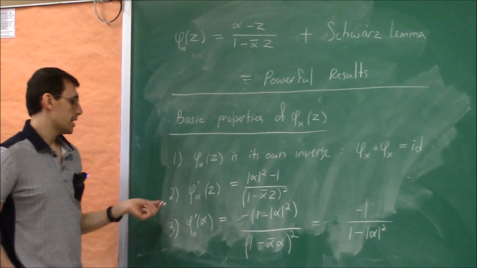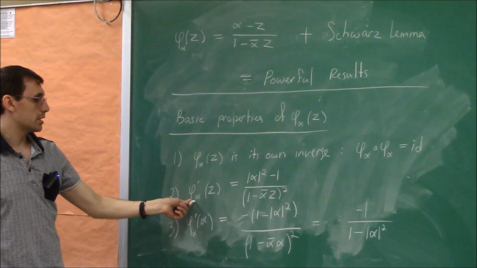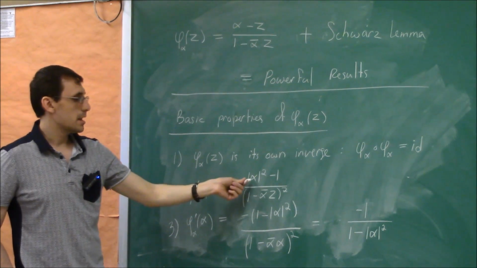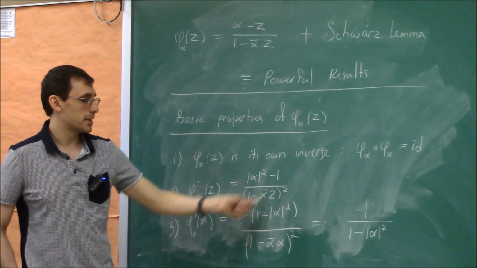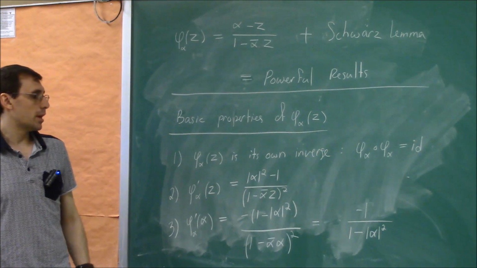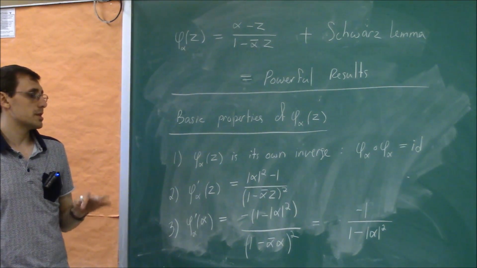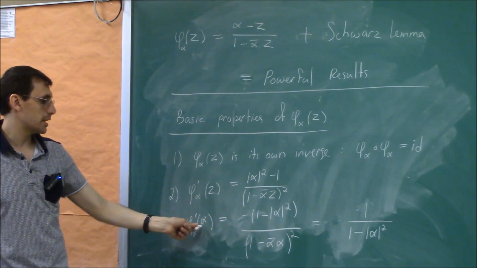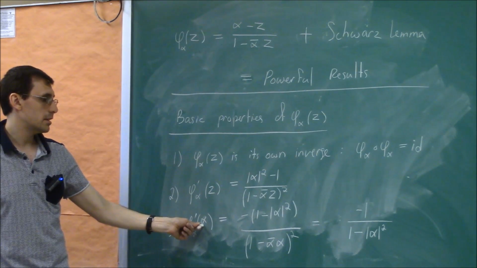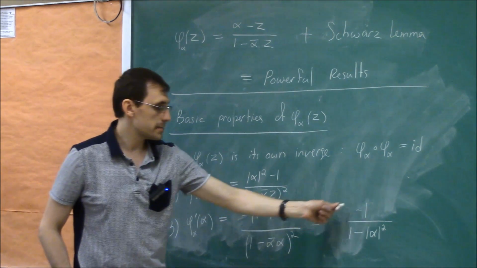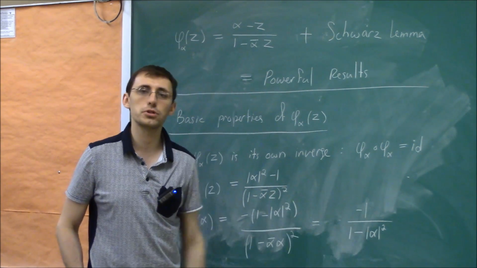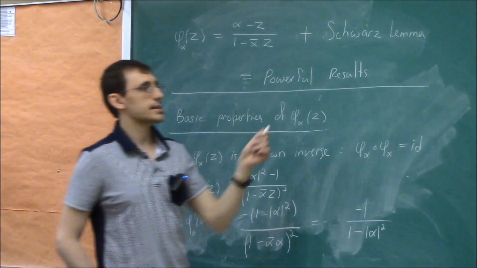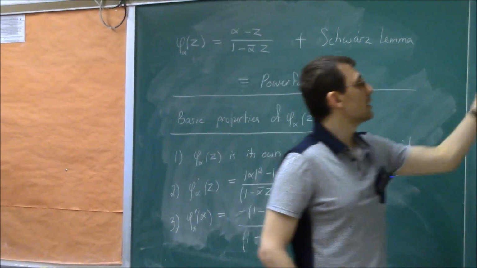Easy to verify. Second property is that the derivative of this function is modulus alpha squared minus 1 over 1 minus alpha conjugate z squared. Third property is that if I take the derivative and plug in alpha, what I will get is minus 1 over 1 minus modulus alpha squared. And that's going to be important in the example I'm going to illustrate here.